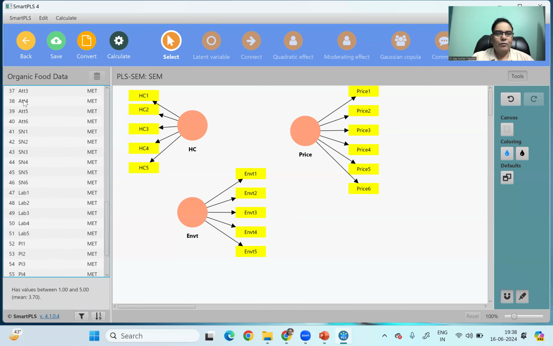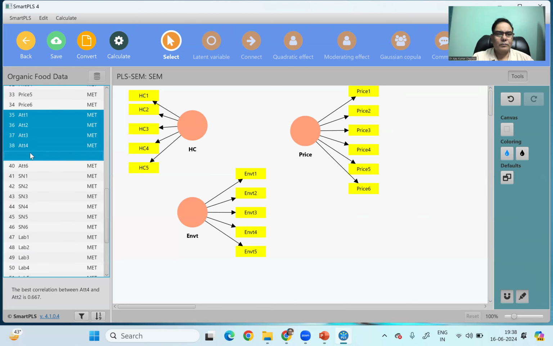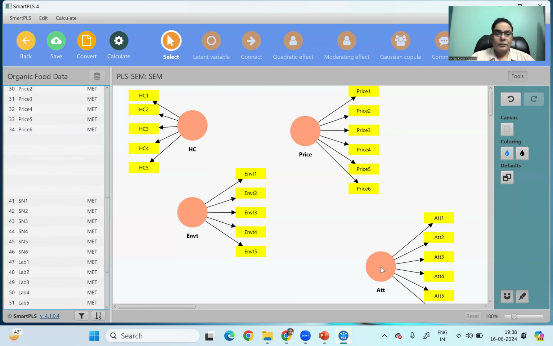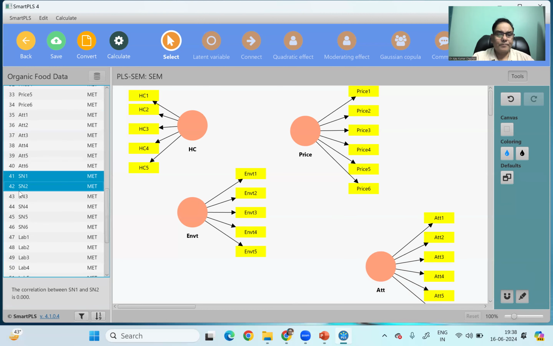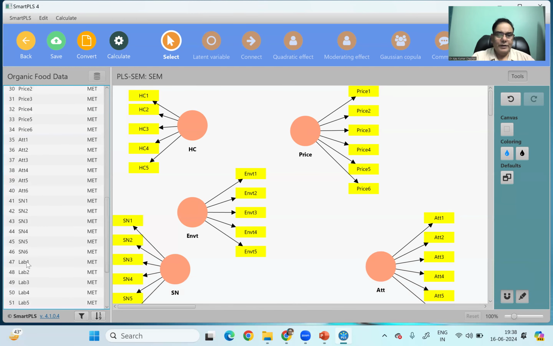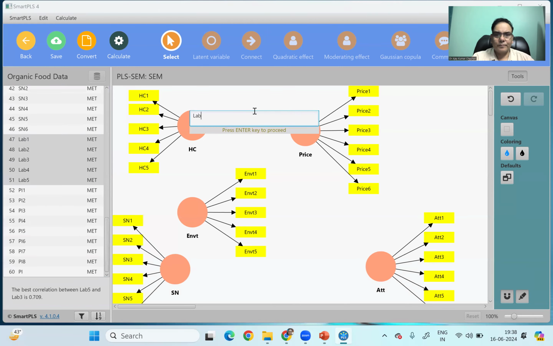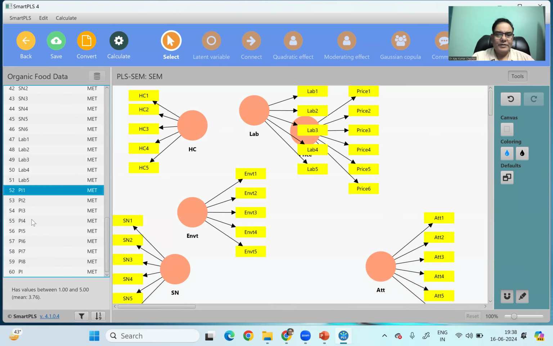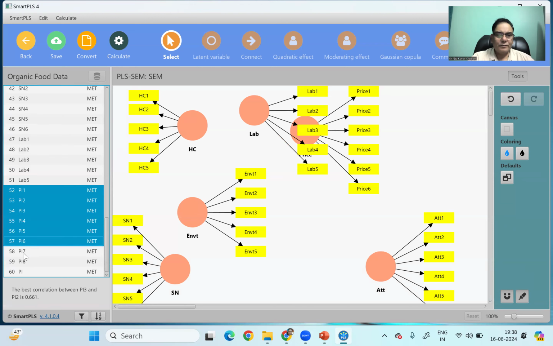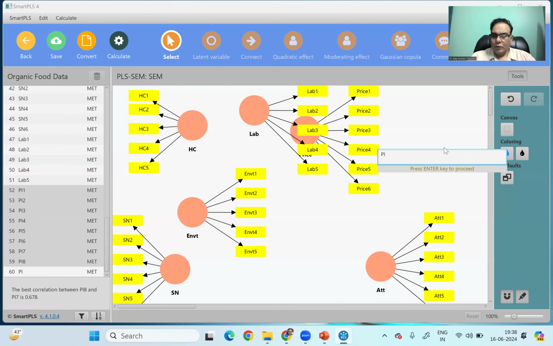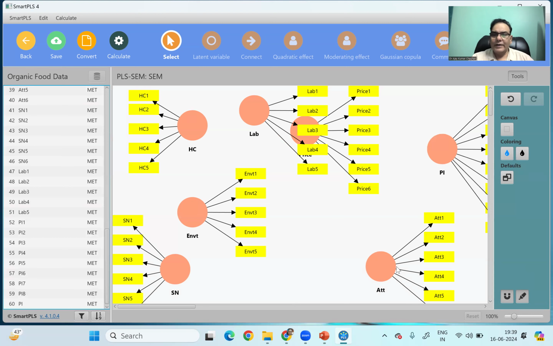Then we have attitude, so subjective norms, the LAB stand for labeling, and PI stand for purchase intention. Okay. So scholar take the attitude, subjective norms from the theory, and additional factors from the literature.